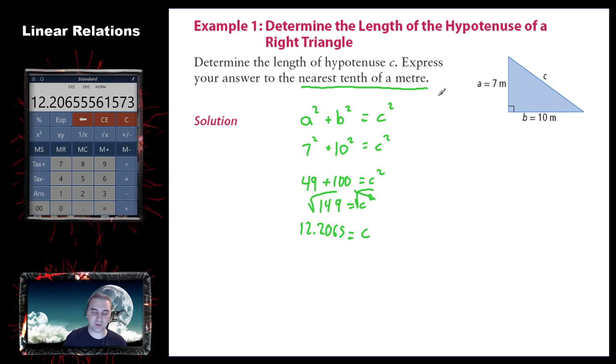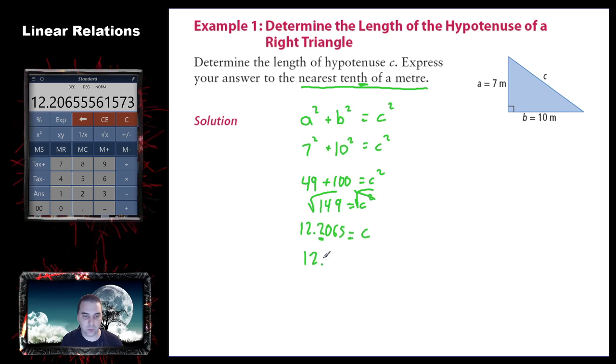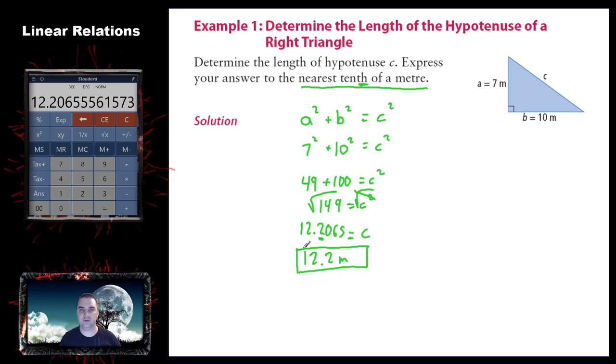And you're not expecting everything in the real world to work out perfectly. So yeah, it makes sense that it's not a perfect square. So to the nearest tenth of a meter. Remember, a tenth, when it's not a whole number here, it's the tenth place. So we're rounding it there. 12.2 meters is the hypotenuse. So the hypotenuse is 12.2 meters.